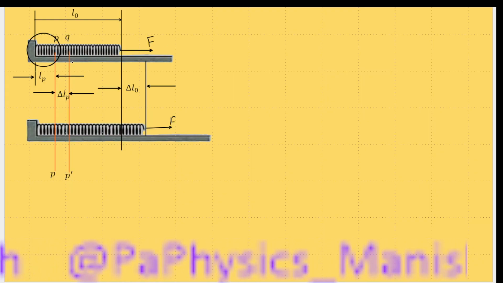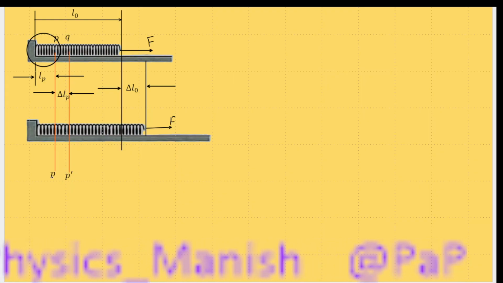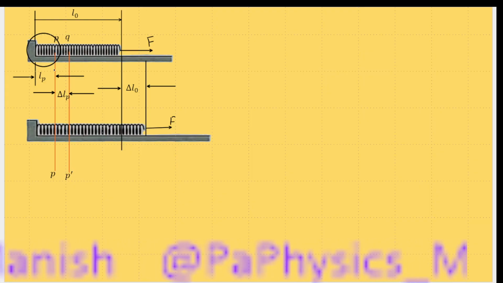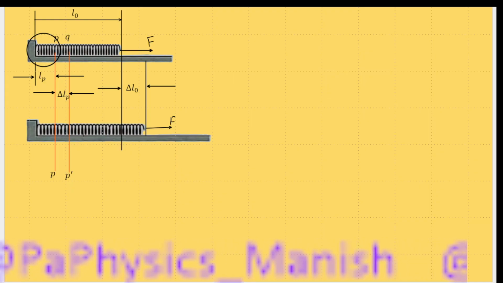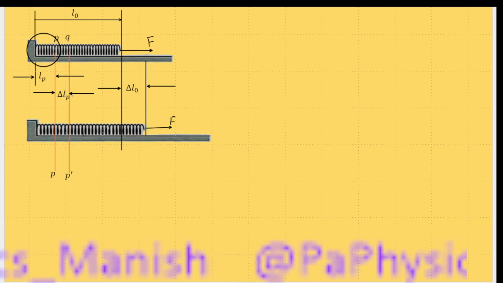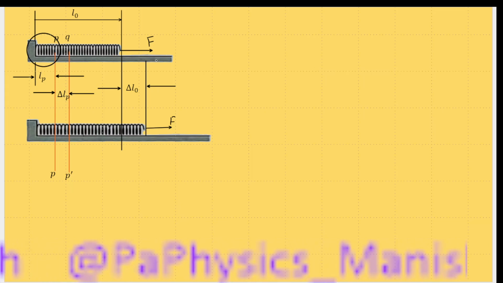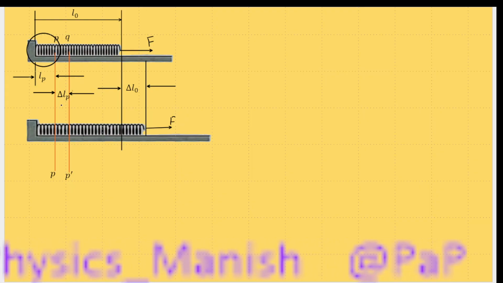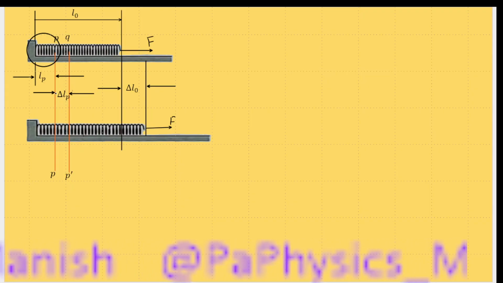Upon stretching, the P-th turn has taken the Q-th turn's place, that is P dash.